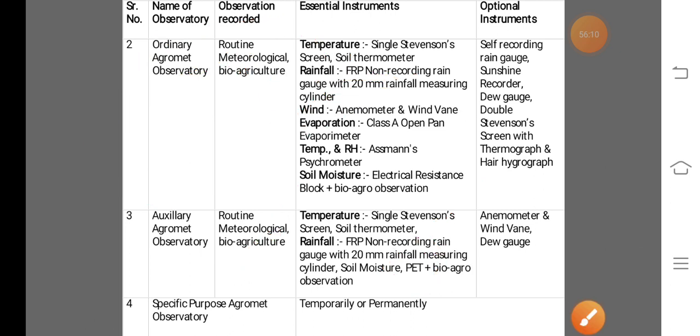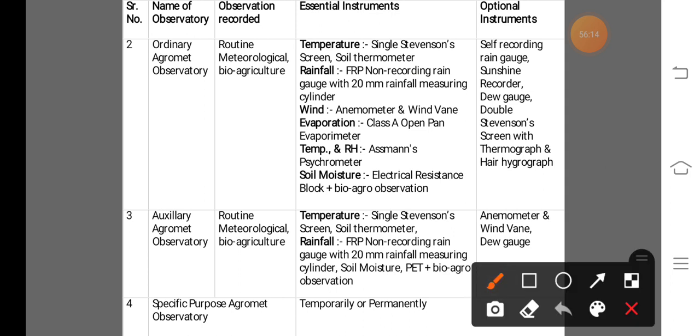Also next, bio and agricultural observations are recorded. And the optional instruments in C type of agromet observatory are anemometer, wind vane and dew gauge. Now the next, specific purpose agromet observatory. This type of observatory is temporary or permanent.